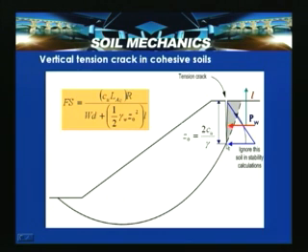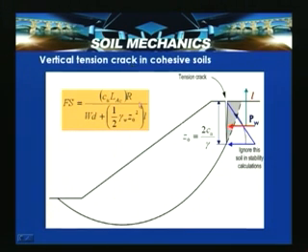If this tension crack is filled with water, it exerts a pressure Pw, and if L is the vertical distance of the location of Pw from the center of rotation, then this can exert a moment about the center of rotation.